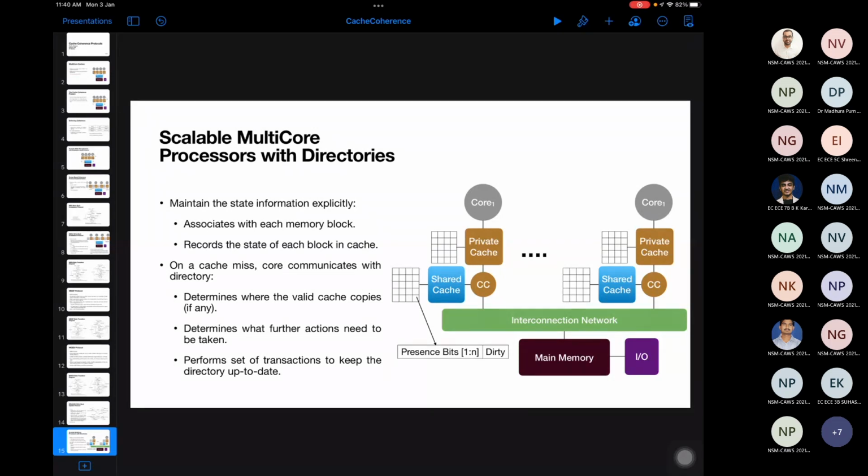But in addition, we also need a state transition diagram for the states associated with the blocks present in the shared cache. So I'm going to talk only about the state transition diagram for the blocks present in the shared cache. The state transition diagram for the private caches is the same as any of these 4 or 5 protocols we discussed, whichever can be applicable.